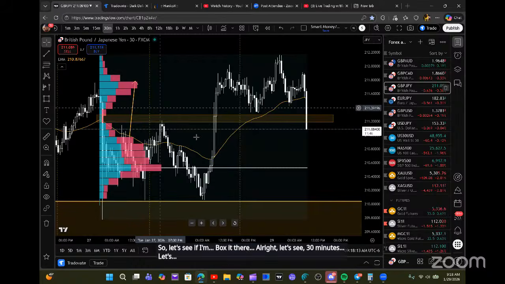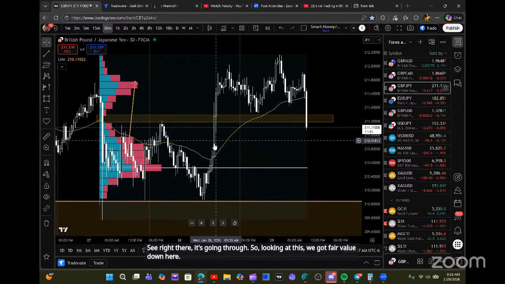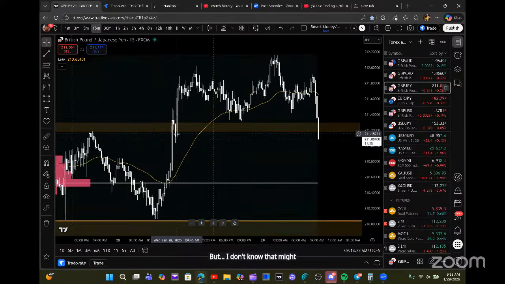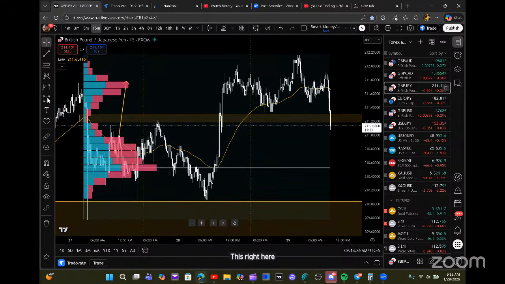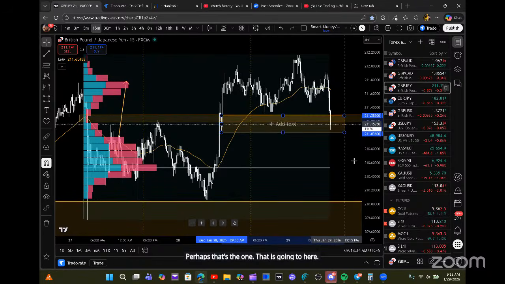See right there, it's going through. So looking at this, we got fair value down here, but I don't know, that might get broken through. This right here showed an order block. Perhaps that's the one that is going to hold here, stretch it over.